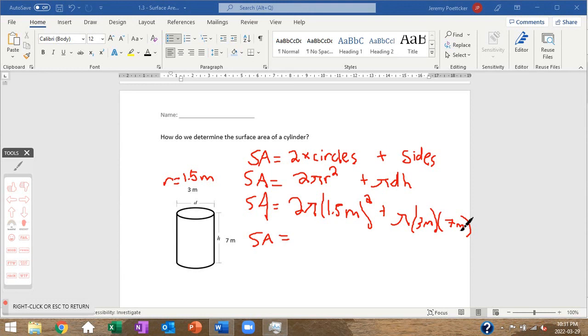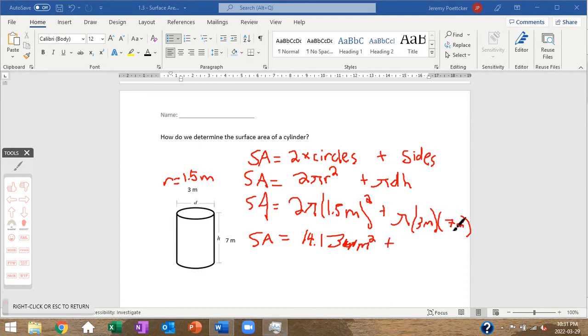This part is 14.13 meters squared, not centimeters squared. Sorry, meters squared, plus pi times 3 times 7.